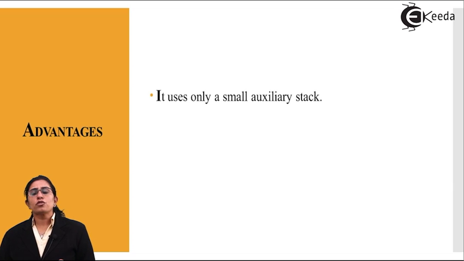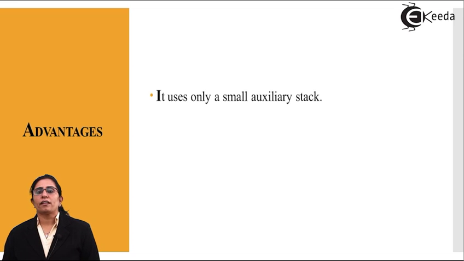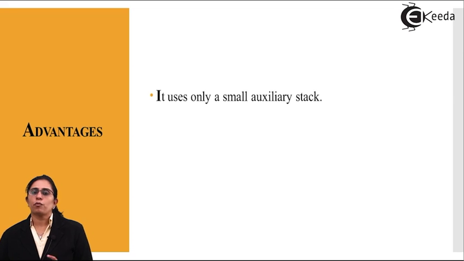Now, it uses only a small auxiliary stack. That is, if you observe, when we sort the data in quick sort, it uses a small stack, that is a small memory, where my data is temporarily stored. It does not temporarily store much data, as it automatically exchanges the data and stores it immediately at its final position.